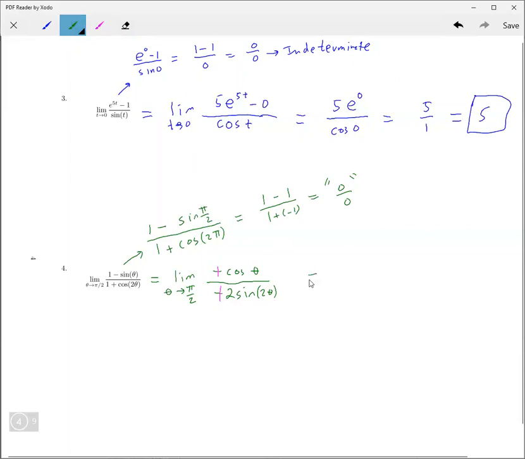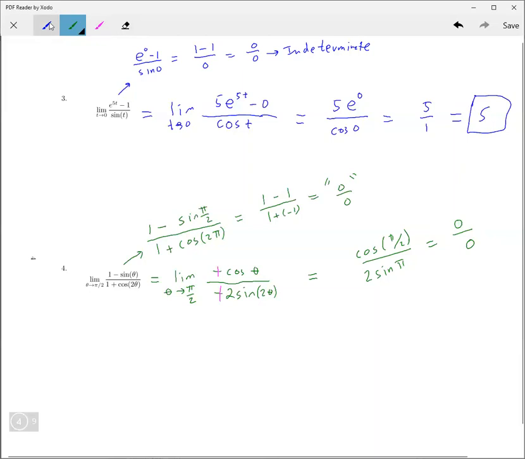So now we plug in pi over 2. We have cosine of pi over 2 up in the numerator, and the denominator is 2 sine of pi, because if you put pi over 2 in here, you're just going to get pi, right? Cosine of pi over 2 is 0. Sine pi is also 0. Now here's something that might happen when you're doing the homework: you'll apply L'Hopital's rule and get 0 over 0 again.